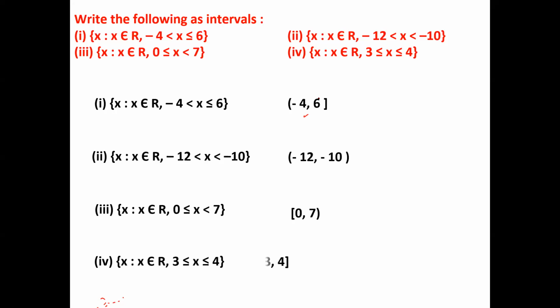But please note, the square root of a negative number is not a rational number. It's not a real number. The square root of a negative number is not a real number. Please note that.